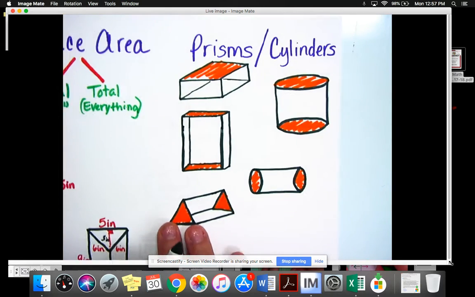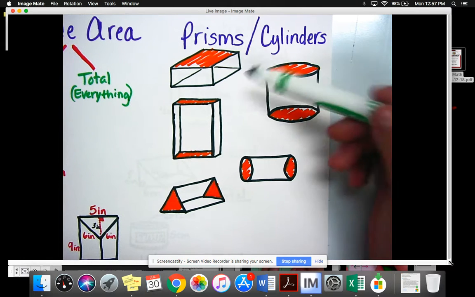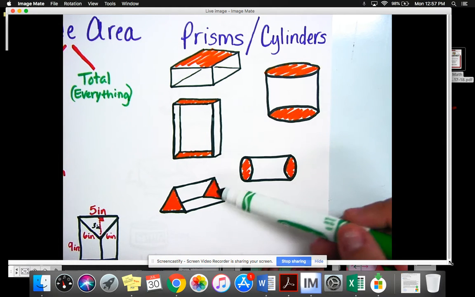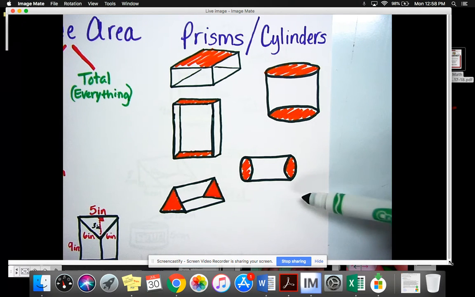Real quick, I'm going to slide this over so that you can take a look. We're going to focus on prisms and cylinders. Prisms can be rectangular prisms, like a sandbox, a shoebox or a cereal box. We even have a triangular prism here that looks almost like a tent. Then we have cylinders. Cylinders have circular bases and revolve around.